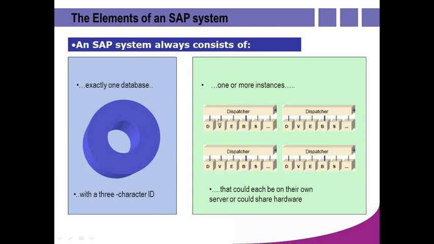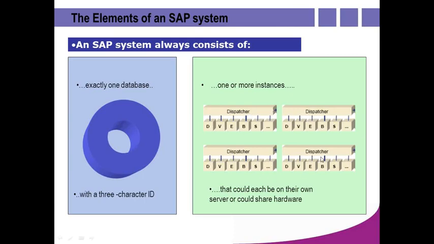To handle the excess load of one instance, for example, one instance cannot handle all the load. You have so many requests coming. Assume that this dispatcher and these work processes combined, this instance can handle 100 requests. Of course, it may handle 100, but if 200 come, the system will become slow. So we need one more instance to handle the excess load.